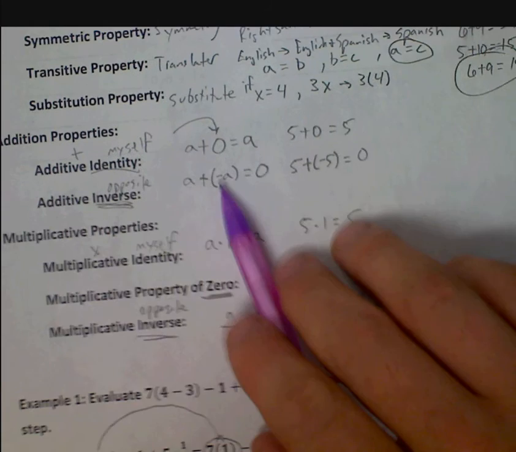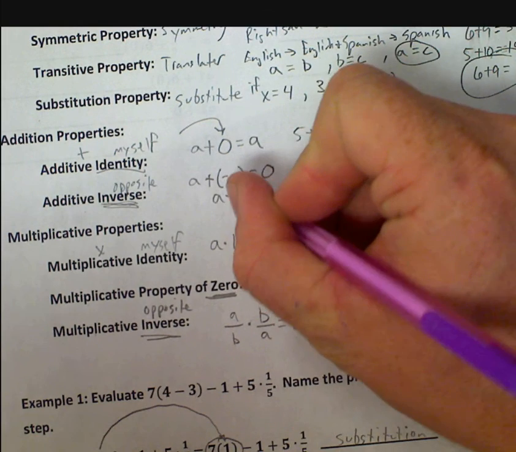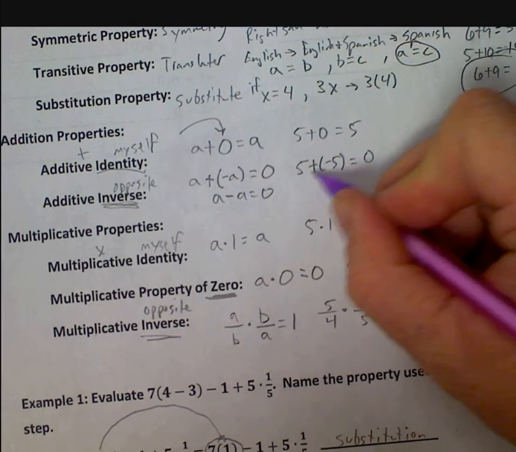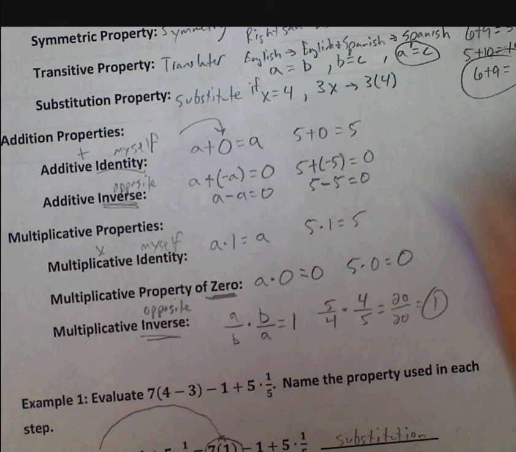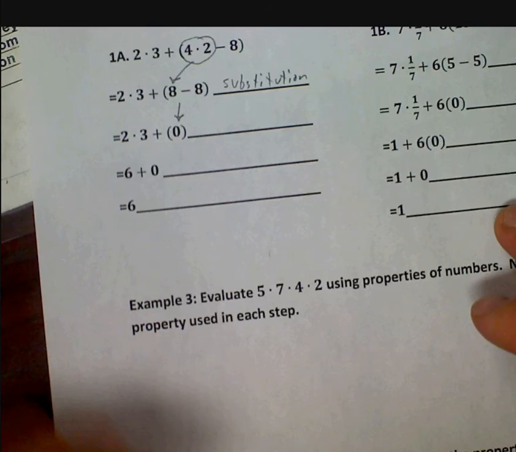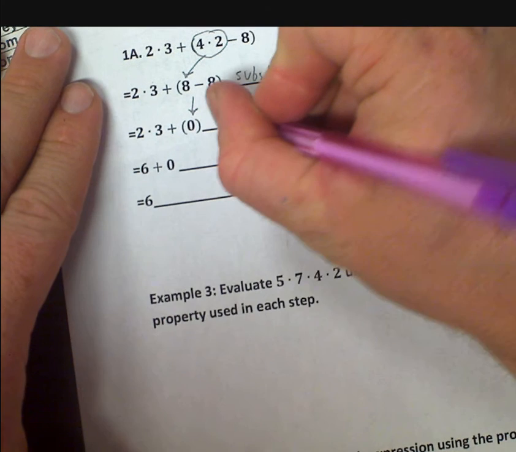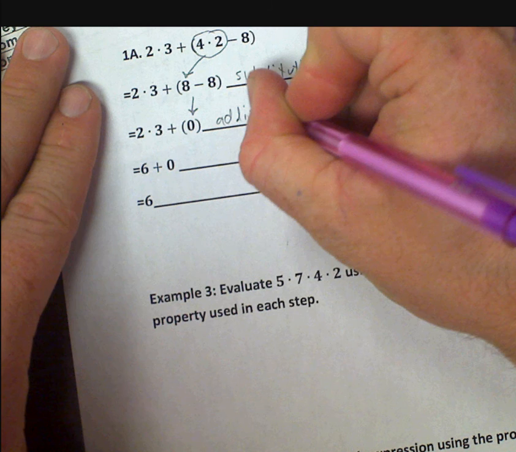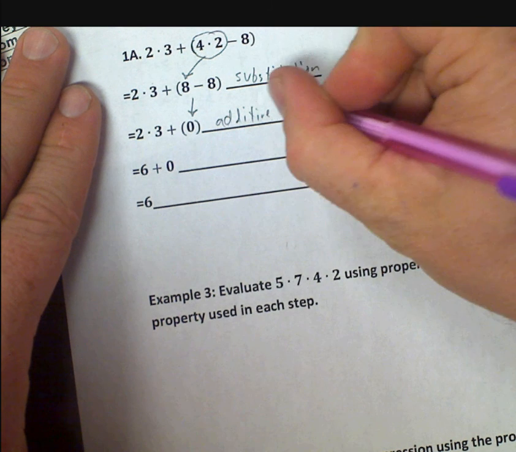I understand. A plus negative a is the same thing as a minus a to get 0. 5 plus negative 5 is the same thing as 5 minus 5 to get 0. So the property in which they used was the additive inverse.